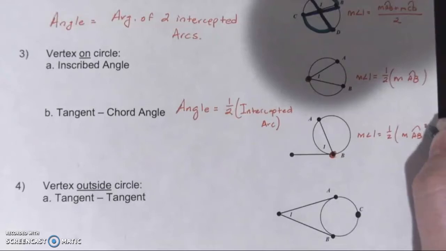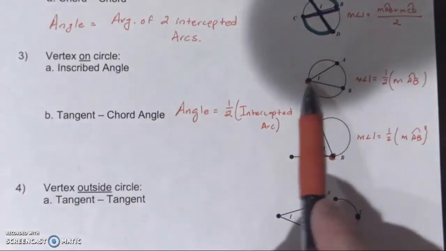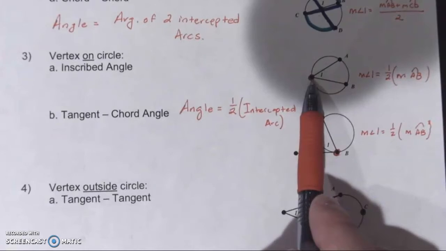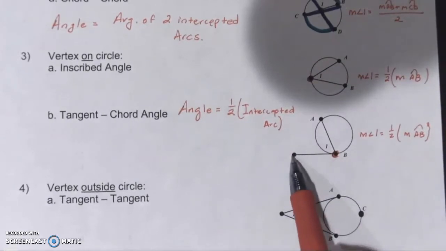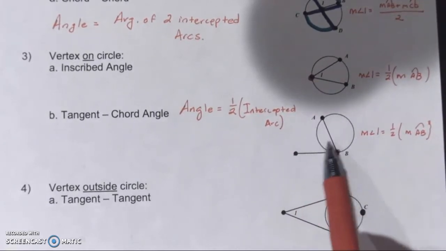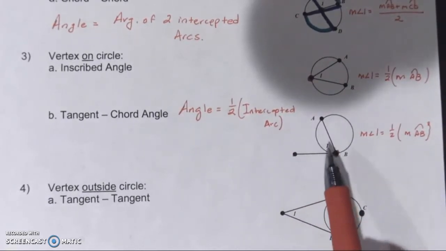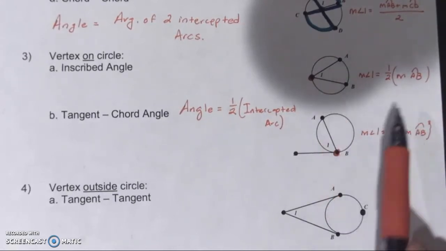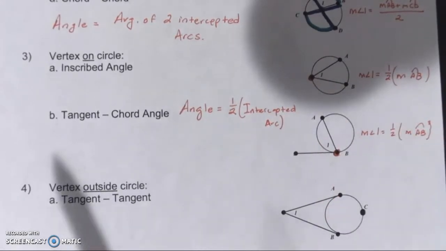Remember, regardless of whether they're formed by two chords, okay, which would be an inscribed angle, the definition of an inscribed angle, or whether it's formed by a tangent and a chord, technically angle 1, not an inscribed angle. However, you would find the measure of that angle exactly the same way. That's why we lump these together.